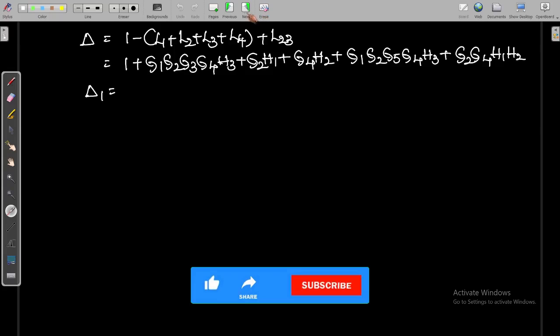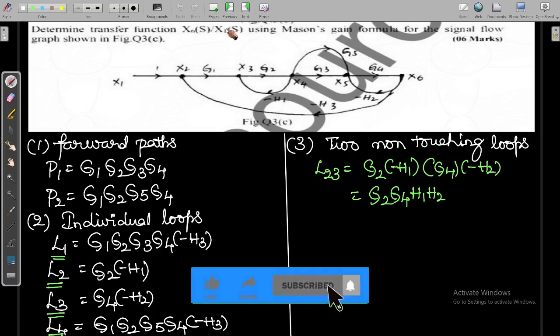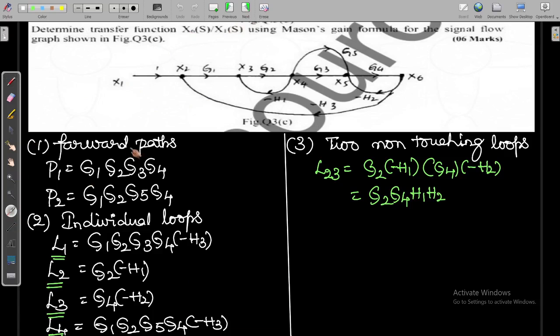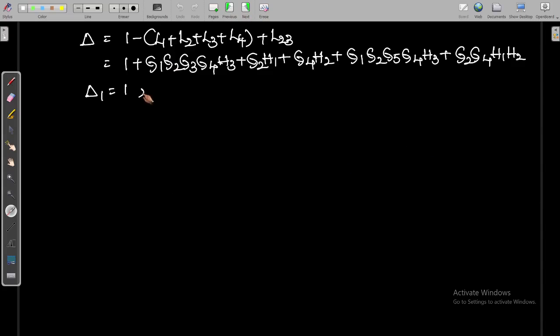So delta 1 value will become 1 here. Next, delta 2: see the second forward path, G1, G2, G5 and G4, is also touching all the loops. So delta 2 will also become 1. Delta 1 and delta 2 both become 1.